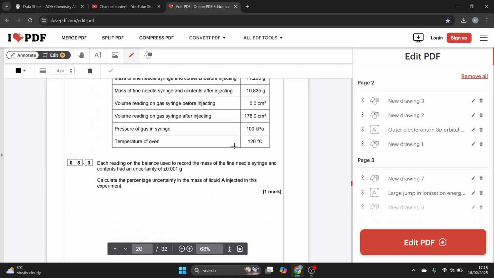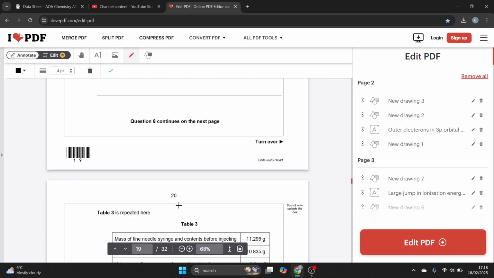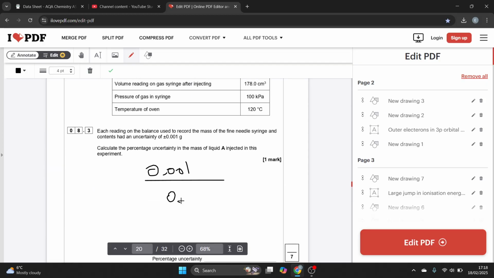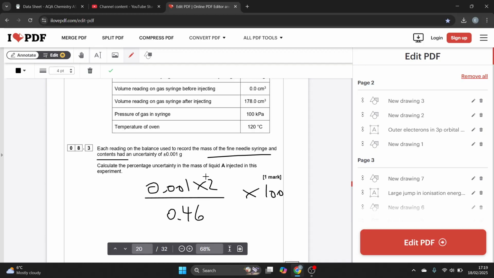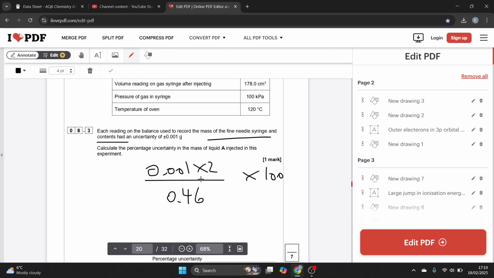Each reading on the balance used to record the mass of fine needle, syringe, and contents is uncertain. Calculate the percentage uncertainty in the mass of liquid A injected in the experiment. So it's going to be 0.001 divided by the mass of liquid A, which is 0.46, times 100, but the mass of the fine needle, syringe, and contents is times by 2, because I'm subtracting one mass from another, and that's the tricky part of this question, spotting that.